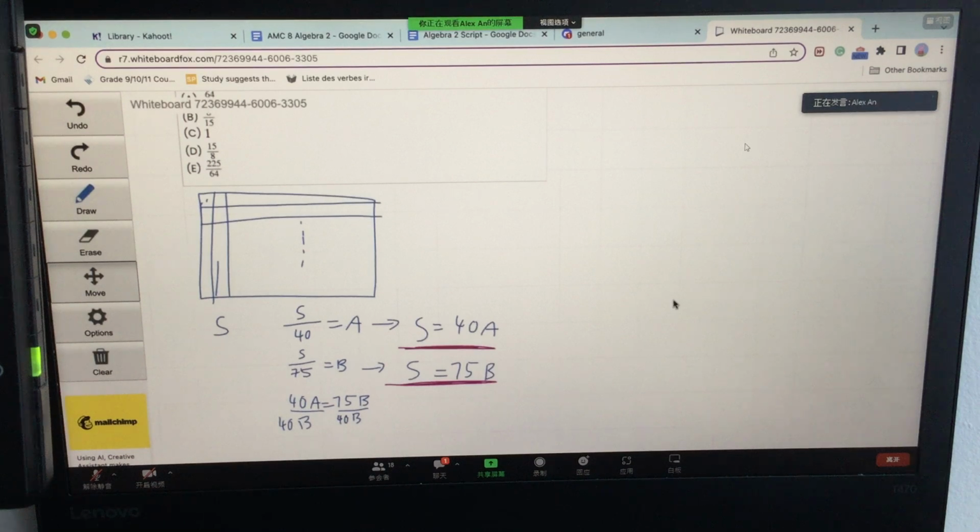The 40 on the left cancels out and the B on the right cancels out. We get A over B equals 75 over 40. If we simplify this, we can divide the top and bottom by 5. This gives us 15 over 8. So it's D.